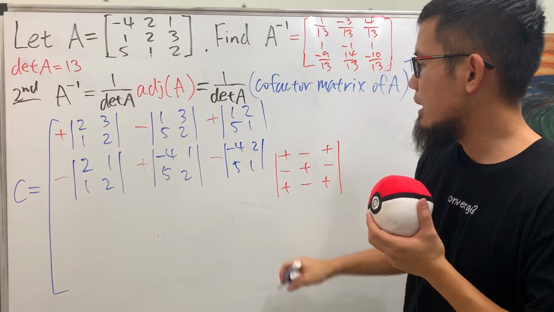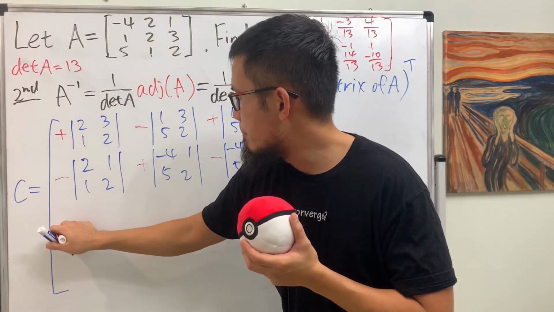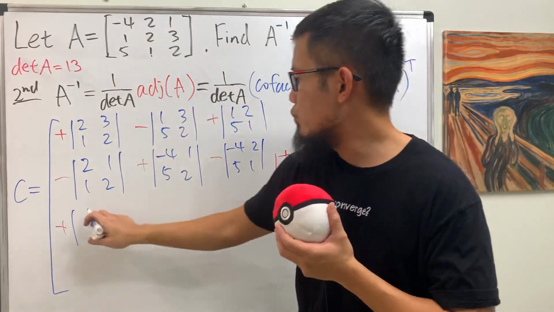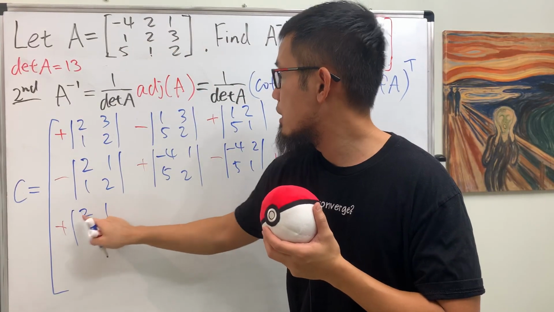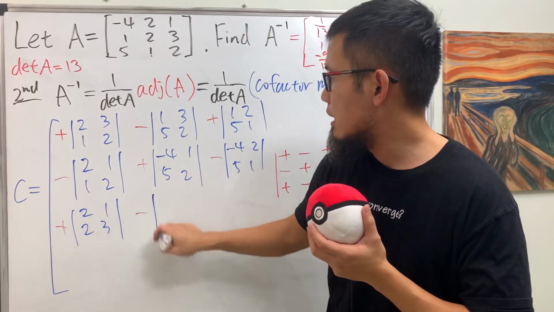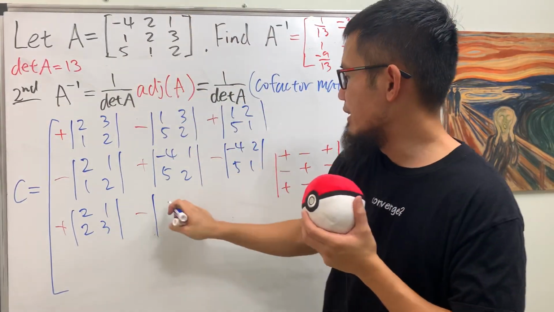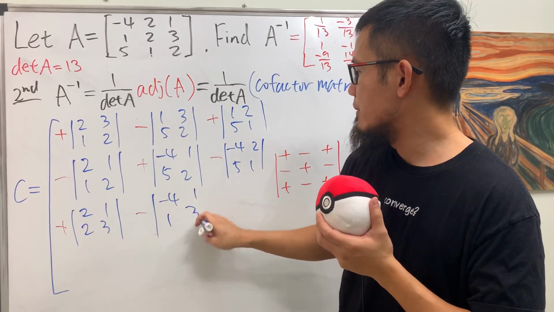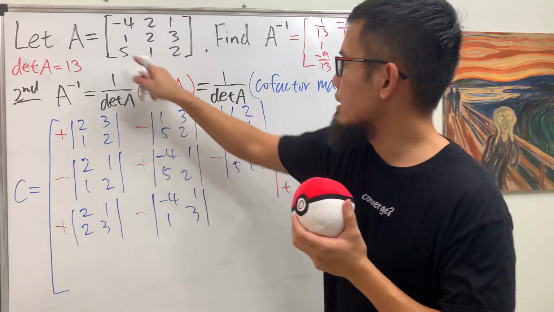And here we have plus, and here we get rid of that, so 2, 1, 2, 3. And then minus, get rid of this, so we have negative 4, 1, and 1, 3. Yeah, get rid of this, get rid of that.